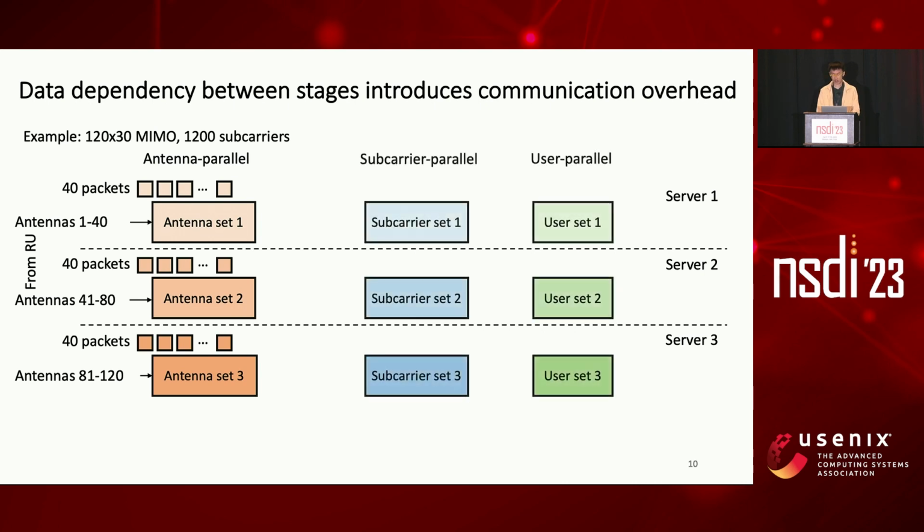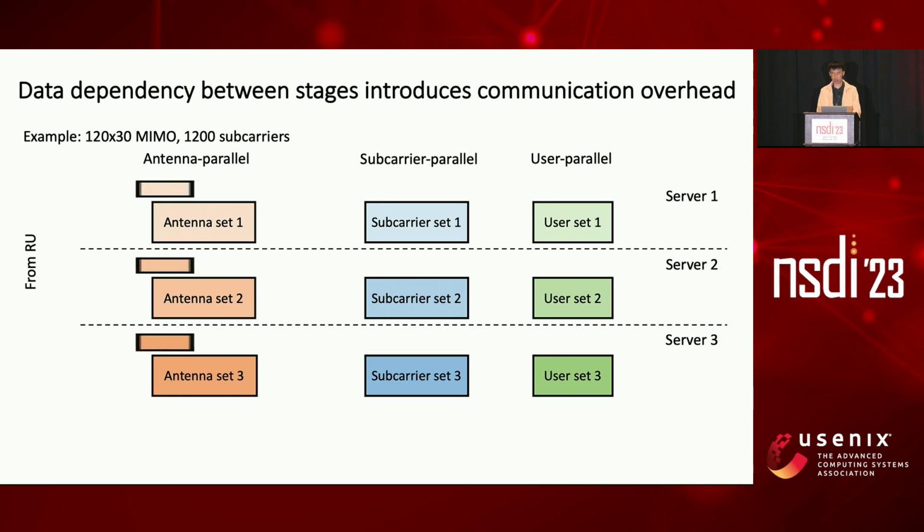We can do the same thing for later stages as well. So now let's focus on one packet at each server. After the antenna parallel stage processes each packet, the packets are ready to be fed to the next stage. The challenging thing here is that the data rate to be fed is very large, around 128 gigabits per second.